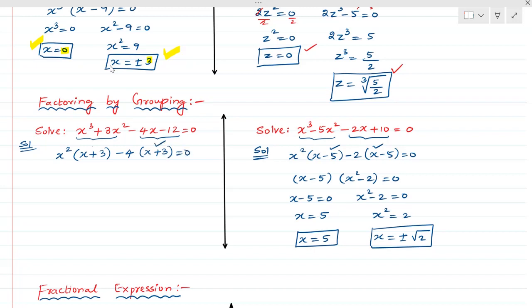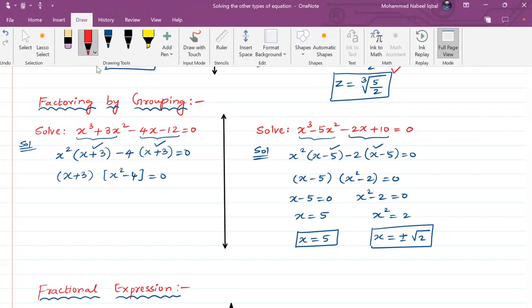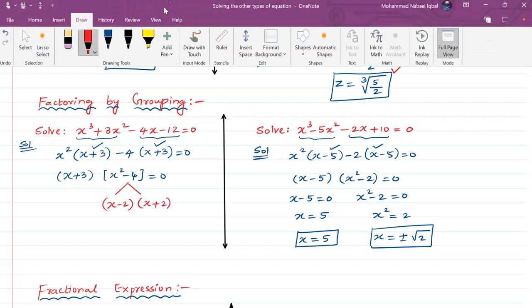You will always have the same term, you will find it here. So it is x plus 3, and the remaining term you will have x square minus 4 is equal to 0. Now it can be rewritten further as x minus 2 and x plus 2. So this is a square minus b square.